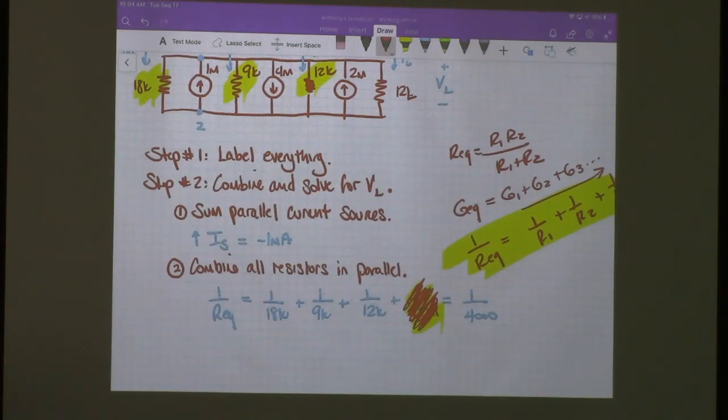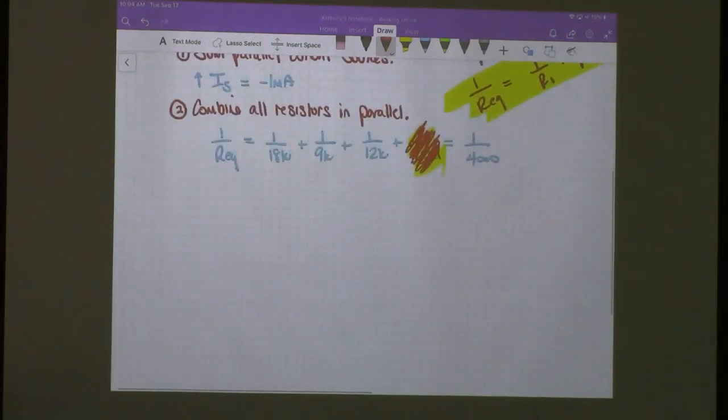Okay, so let's draw our resultant circuit. So the 1 over 4,000 is still correct? The 1 over 4,000 was the value I got from the notes, which was the calculation just accounting for the 3 of them together, not all 4.